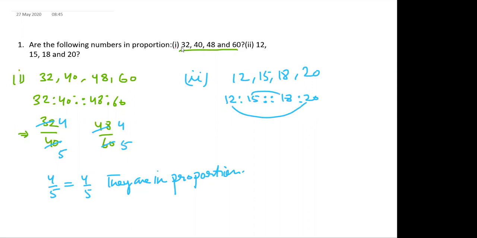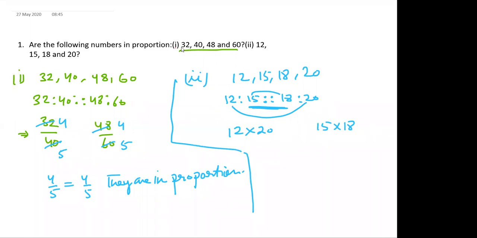That is, the first number should be multiplied with the last number and the middle numbers should be multiplied with each other. If you get the same answer, then it means that they are in proportion. So this is also a method.